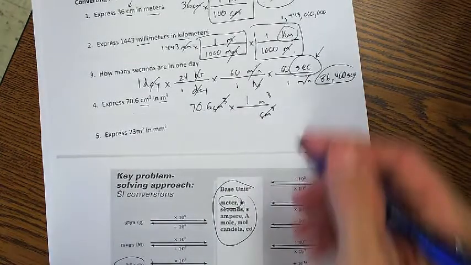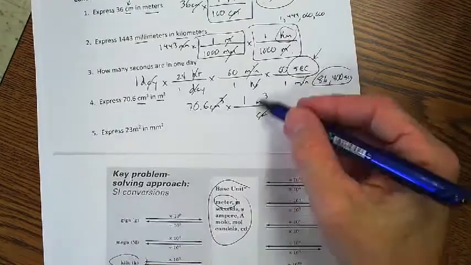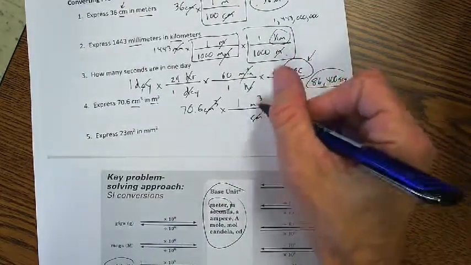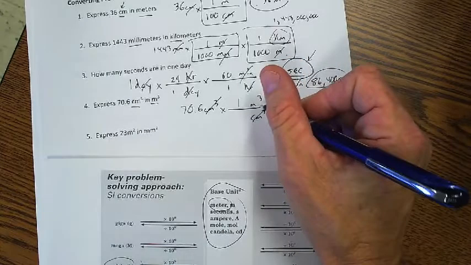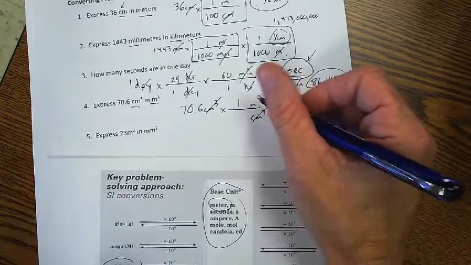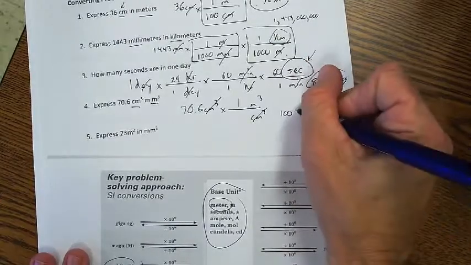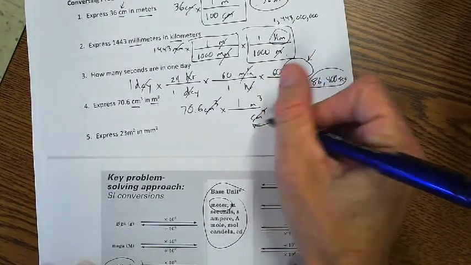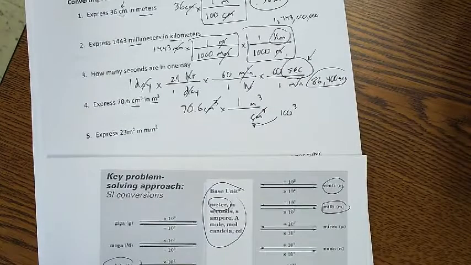So here's what I'm telling you to do. First of all, establish how many. So there are 100 centimeters in a meter. But you've got to cube it before you put the number in. Because again, this is a meter cubed, so it'd be 100 centimeters length, 100 depth, and 100 high.